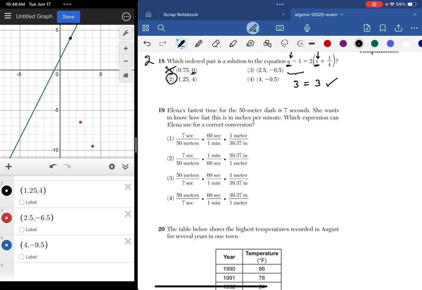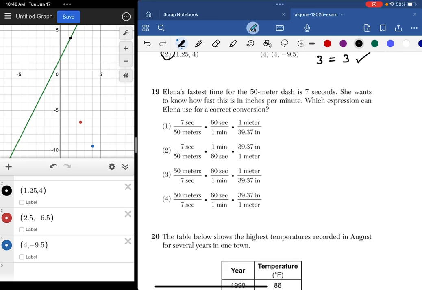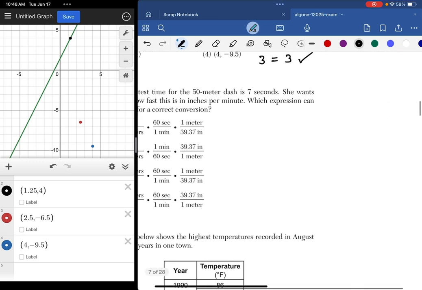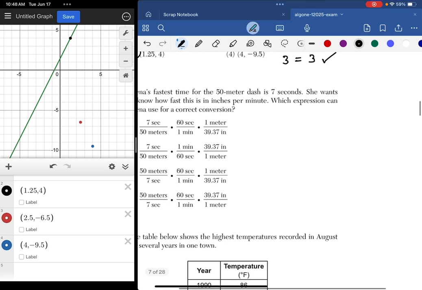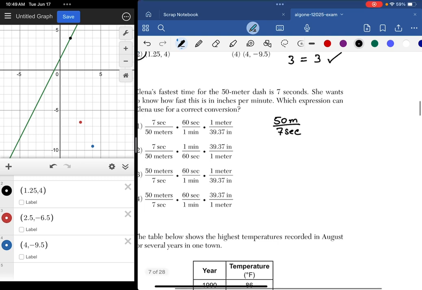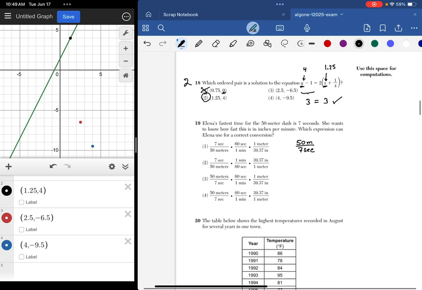Inches per minute. So it's basically saying that we're doing a conversion. Yeah, meters per second. So this is really 50 meters in 7 seconds, and we want to get that to inches per minute.